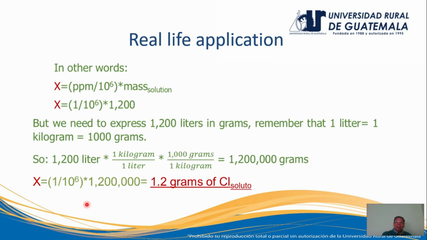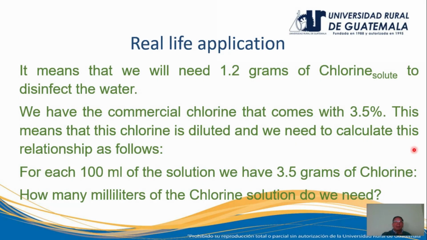If we make all the operations here, we will get that the quantity of chlorine required will be 1.2 grams of chlorine solute. It means that we will need 1.2 grams of chlorine solute to disinfect the water.